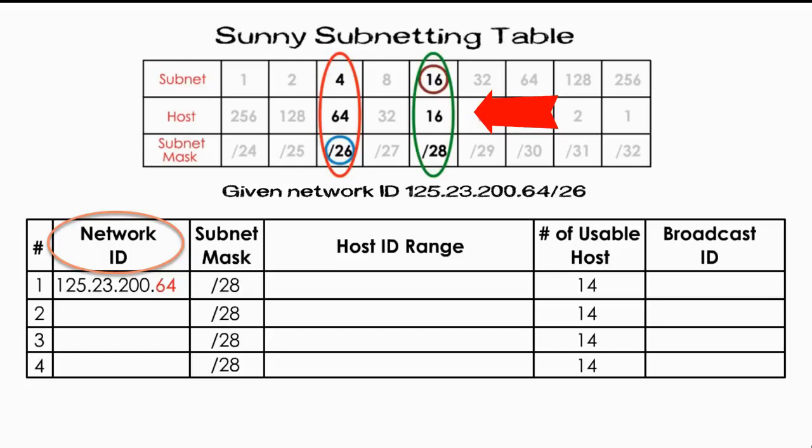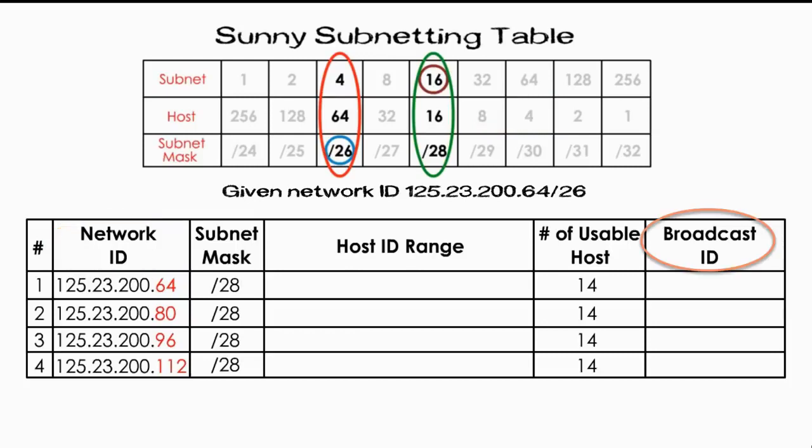We get next network ID by simply adding 16 to its previous one. Thus, the second network ID is 80. The third one is 96. The fourth one is 112. Here I only focus on the last octet or last number because the first 3 numbers stay the same. We are done with the network ID.